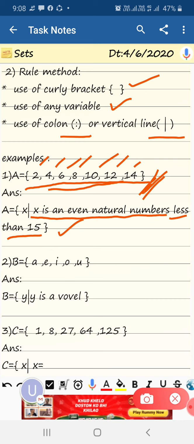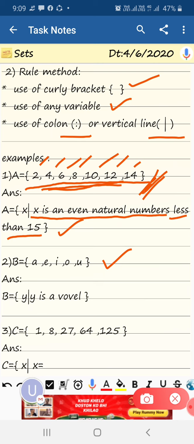Understood? So what we have to do while writing the rule method: just observe carefully whatever is given in the listing method, and then use a curly bracket and any variable, and then use a vertical line or colon, and then define what is exactly given. Okay, next see another example.